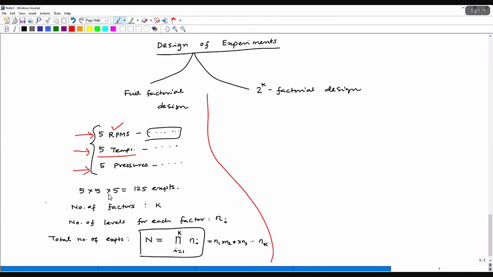Okay. So really you can do many different levels for RPM, and temperature maybe you just do only 2. So this is the objective of 2 to the power k factorial design.